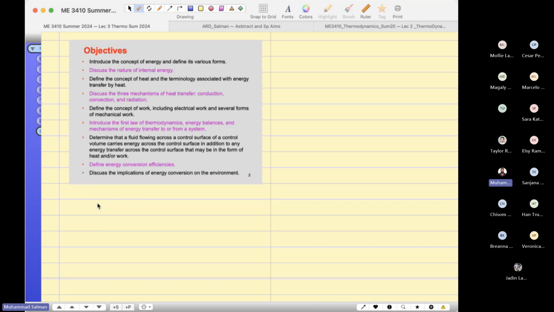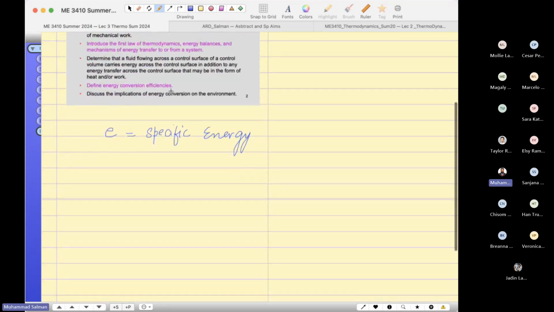Usually we take small letters for energy, which means specific energy, and when you specify something, you are dividing it by a certain quantity, such as mass in this case.